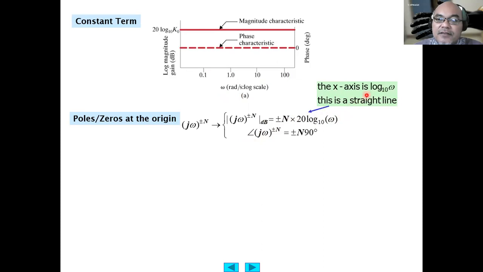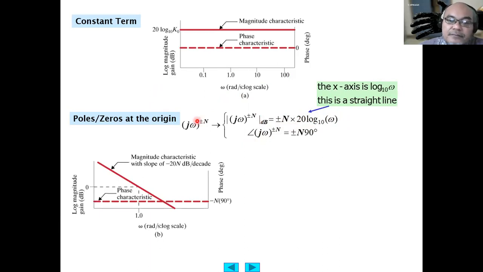The x-axis is log base 10 of omega, the frequency. So this, as a function of log omega, becomes a straight line.